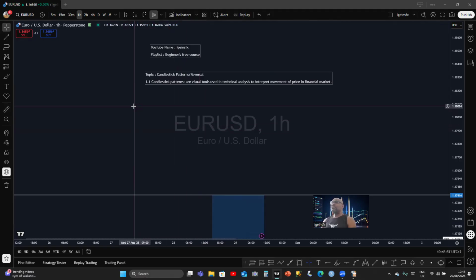All right. So candlestick patterns are visual tools used in technical analysis to interpret movement of price in the financial market. You might be saying, what is technical analysis again? Before you can take a decision that you want to buy or sell, you have to perform what we call technical analysis.